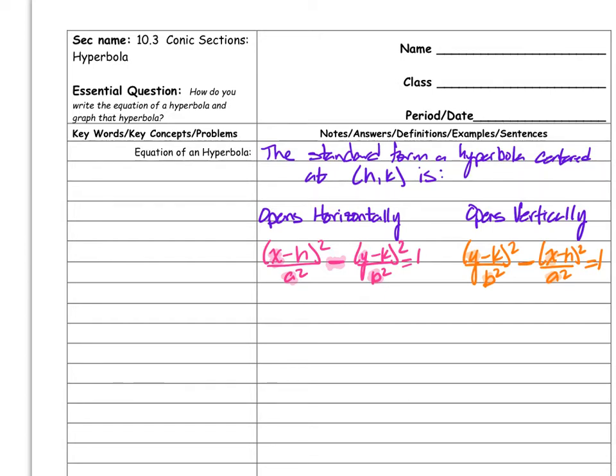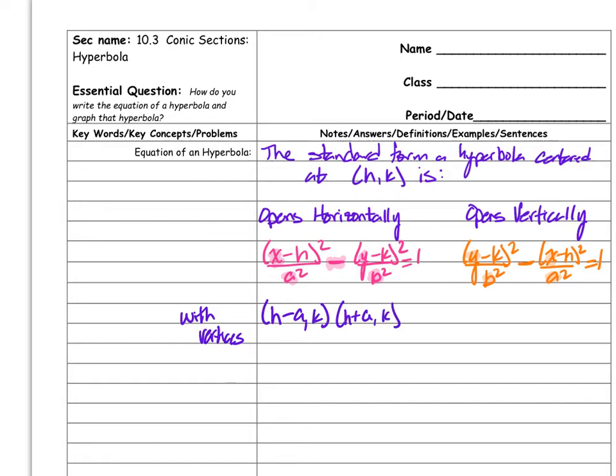So now we have one more little part for our definition, and that's where our vertices are. So I'm going to just say with vertices. And we'll talk about this in a minute. You're like, with vertices, what are you talking about? Well, I'll show you in just one moment. So if it opens horizontally, its vertices are at (h minus a, k) and (h plus a, k).